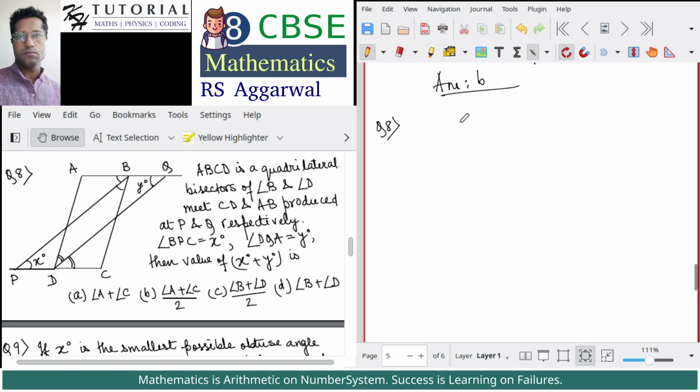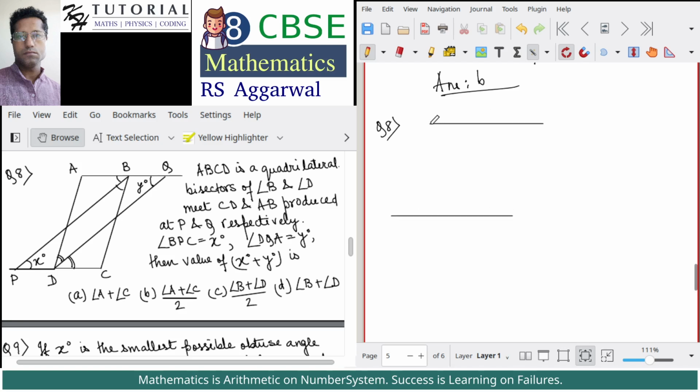If angle BPC is x degree, angle DQA is y degree, then the value of x degree plus y degree is... AB and CD are produced to Q and P. Okay, so this is the line and this is the line.